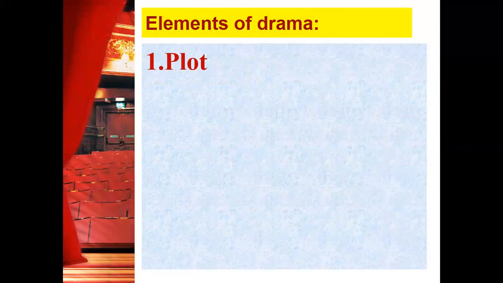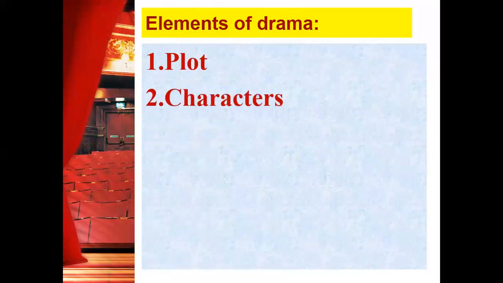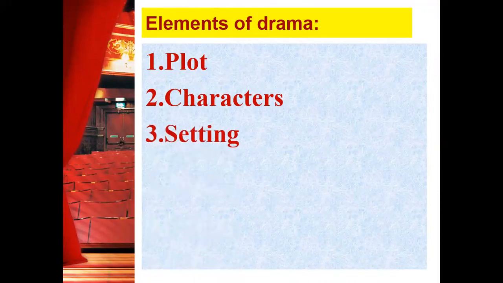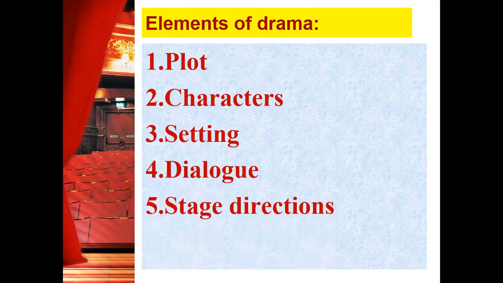The first one is plot, الحبكة, characters, شخصيات, and setting, زمان مكان والظروف المحيطة, and dialogue, الحوار, and stage directions, توجيهات الكاتب أو تعليقات الكاتب, and theme. So these are the most important elements of drama, and we will discuss each one of them in detail in the next slides. So let us start with the first one.